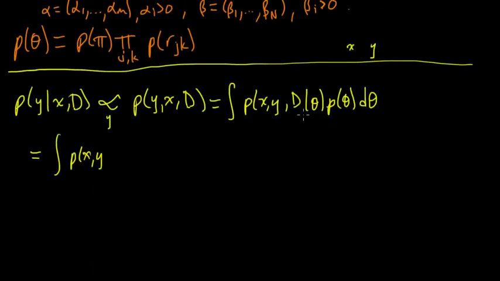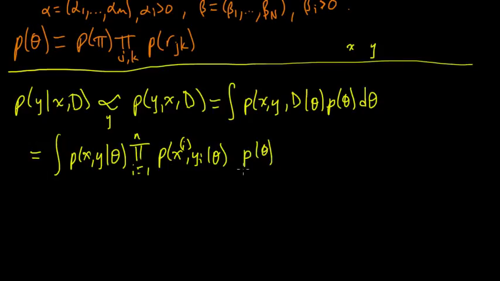So that means this factors: probability of x and y given theta times the product over i from 1 to n, probability of x_i, y_i given theta, times the probability of theta. That's not in the product. So maybe I should put some parentheses there.